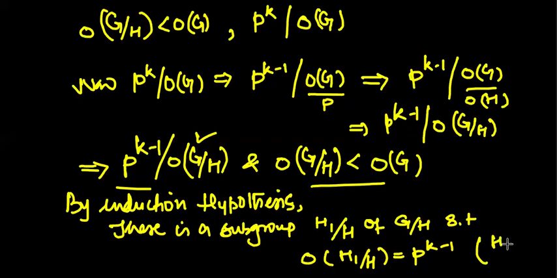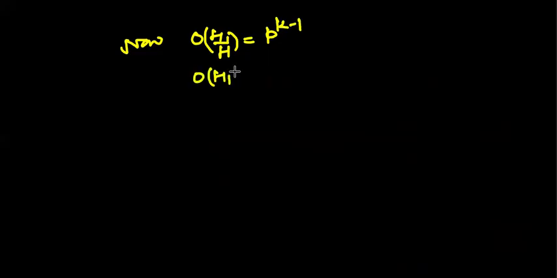Here H1 contains H. Now order of H1 by H is equal to p^(k-1). So order of H1 is equal to p^(k-1) times order of H, which is equal to p^(k-1) times p.